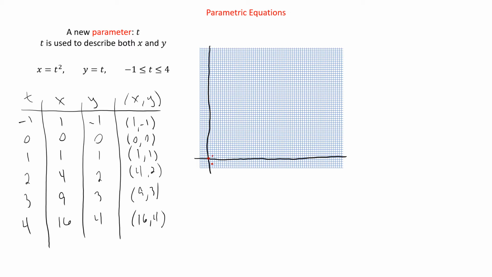Make a point. (4, 2). So we can go over 4, up 2. (9, 3). You go over 9, up 3. It's about there. My other point just disappeared. This doesn't happen on a chalkboard. And (16, 4). It's going to be right around this area somewhere.